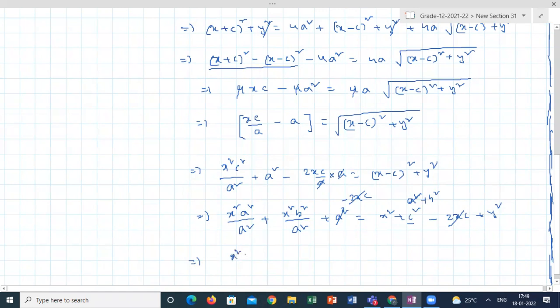What will I get? x square and a square cancel. x square plus x square b square by a square is equal to x square plus b square plus y square. Again x square and x square cancel.